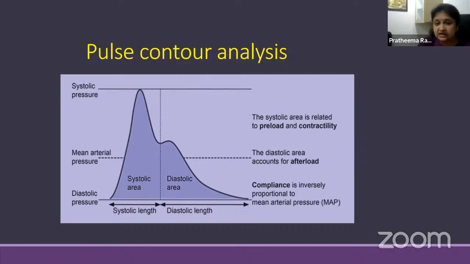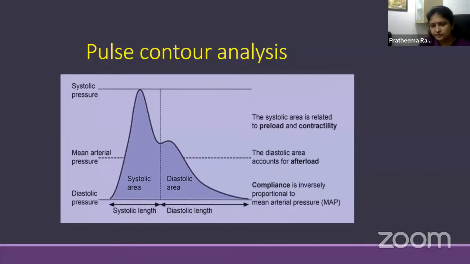How efficiently the heart can contract is what is decided by the systolic area. And the diastolic area, we know that it accounts for the afterload. We can calculate that. And there is a mean arterial pressure, which is calculated from the systolic and diastolic pressure, and that is inversely proportional to the compliance. So compliance: if you give volume, how much is the pressure going to increase?